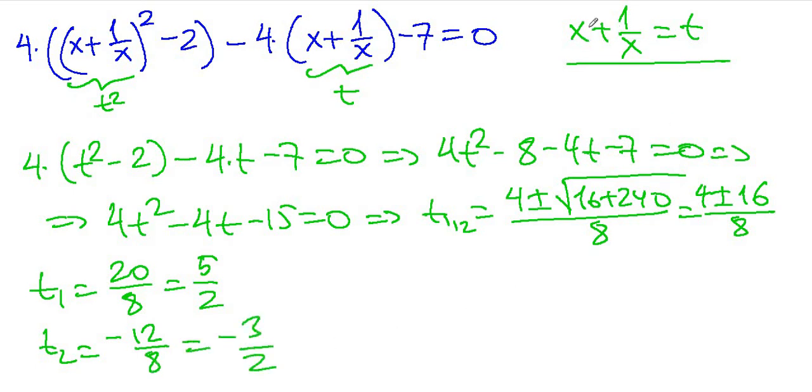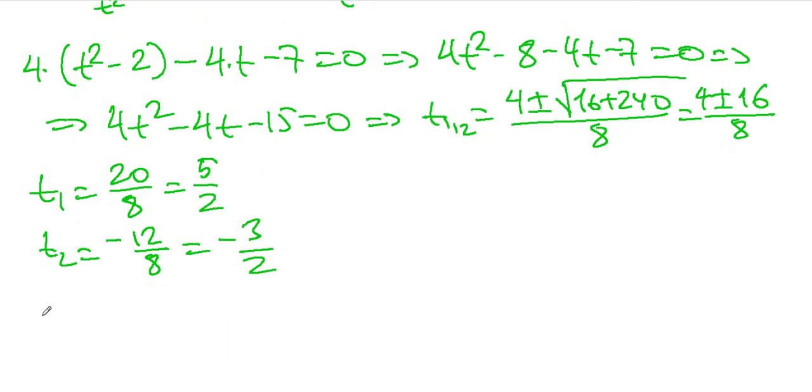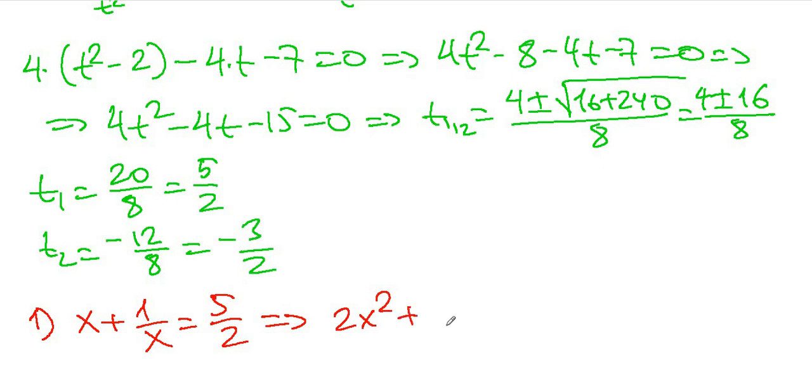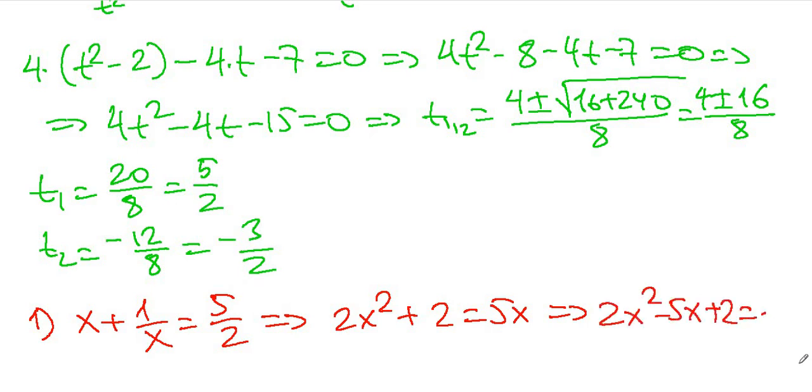Then as you remember that x plus 1 over x was t, we'll get two sets of equations. The first one is x plus 1 over x is equal to 5 over 2. Let's solve immediately. First of all we have to clear the denominator, and by multiplying both sides by 2x we'll get 2x squared plus 2 is equal to 5x. Moving this 5x to the left-hand side we'll get 2x squared minus 5x plus 2 is equal to 0.